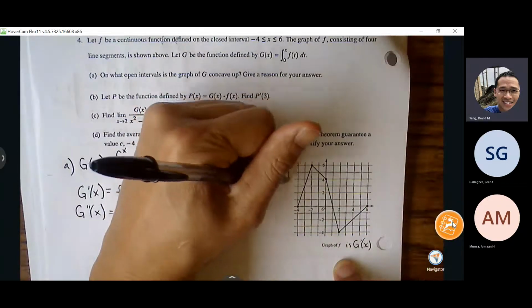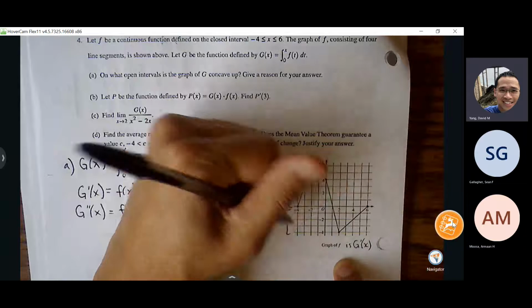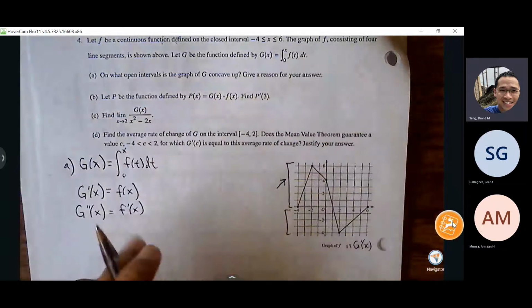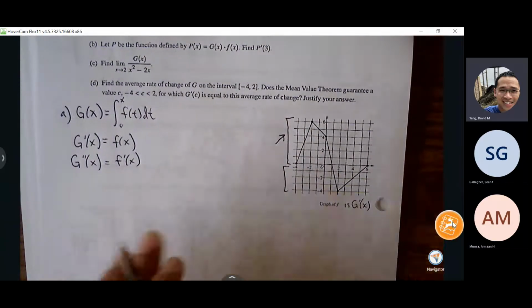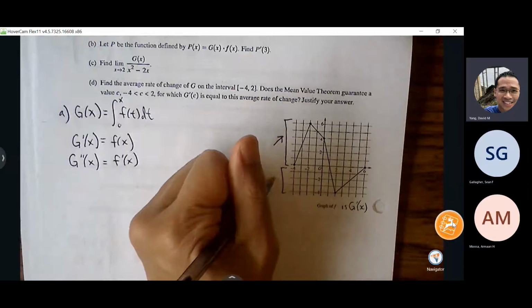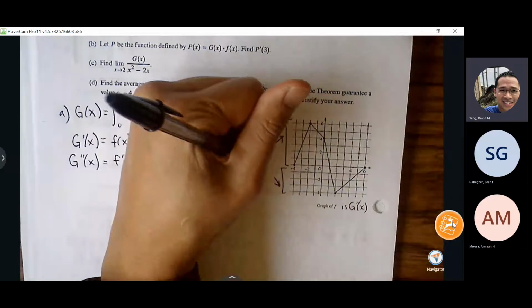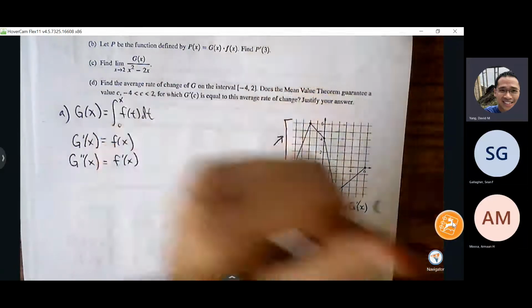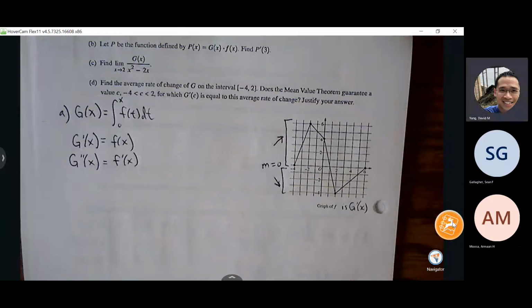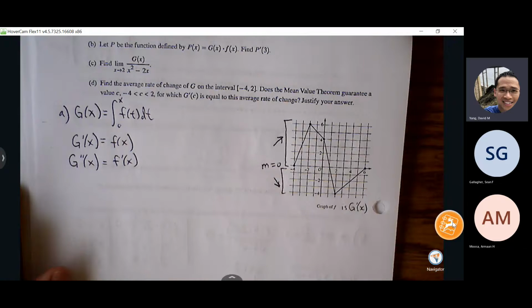I like to label what I'm looking at. Anything above the x-axis represents where my original g graph is going to be rising. Anything below is where my g graph is going to be falling. Anything on the x-axis is slope 0. But I want to find concavity information.